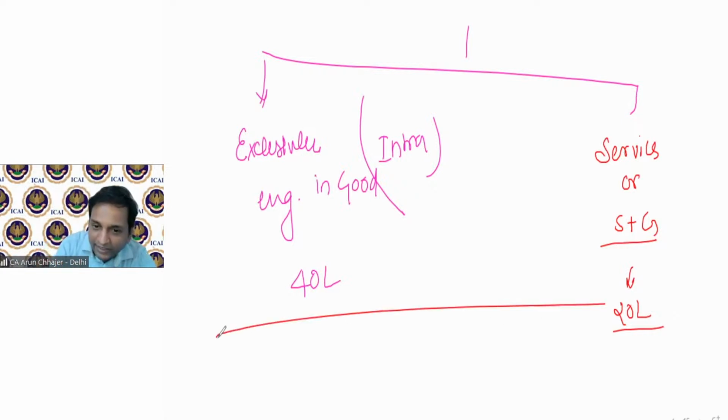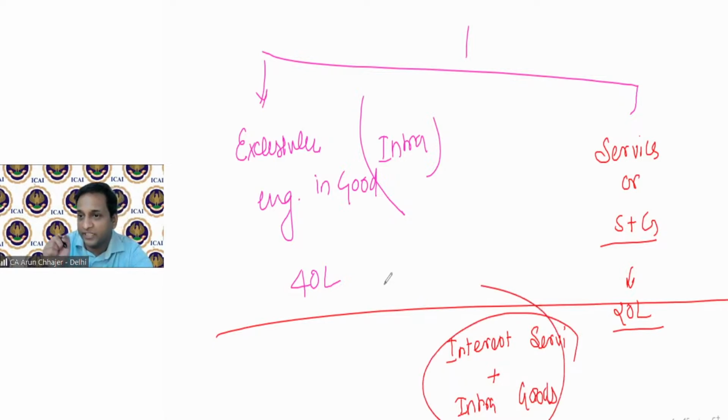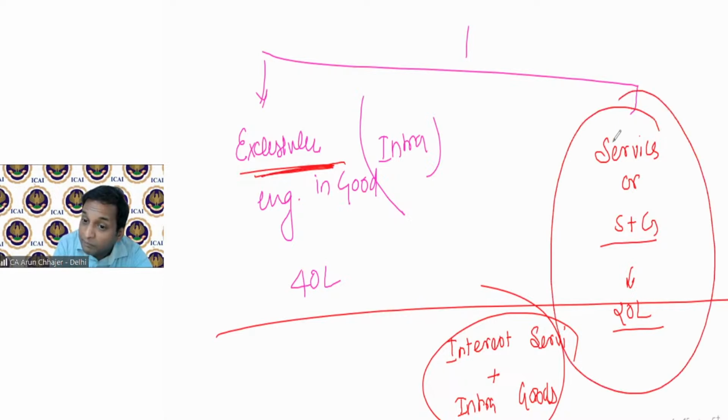The problem is that because interest is a service, and the rest he is supplying intrastate goods, prima facie I can say this supplier is not exclusively engaged in the goods. Therefore, the limit would be 20, not 40.